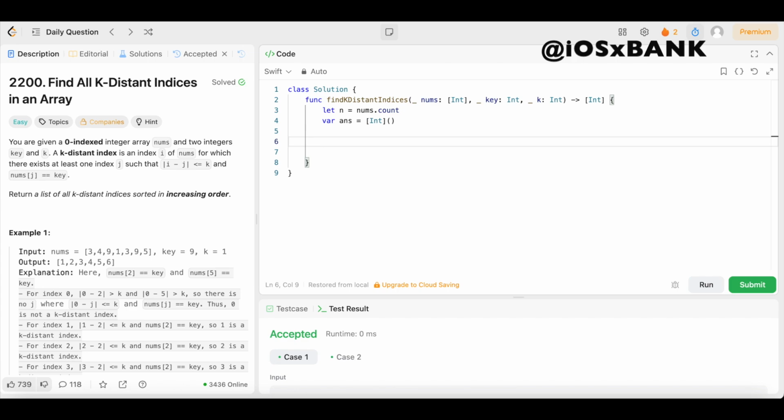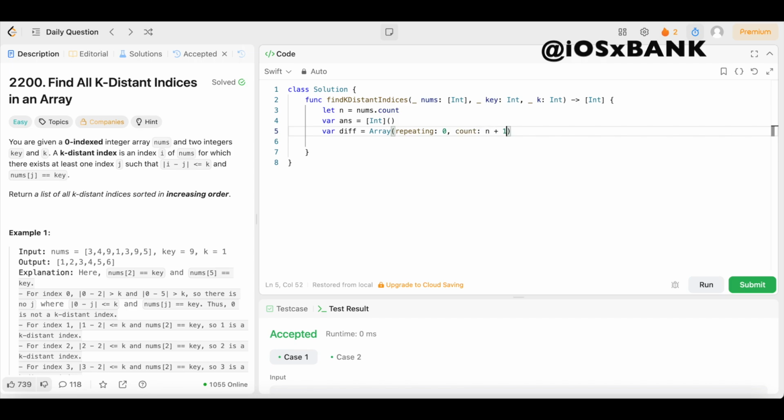Now we need a difference array for the range, marking the difference between the two indexes. For that, we declare a variable called diff and set it equal to an array, with repeating: 0, count: n + 1.